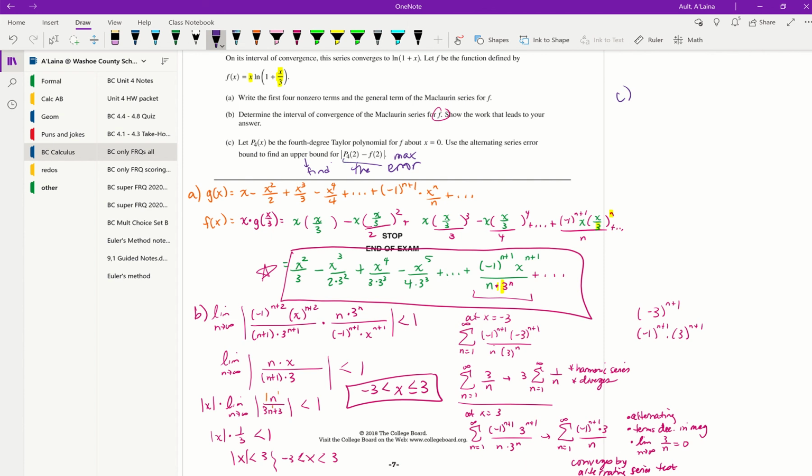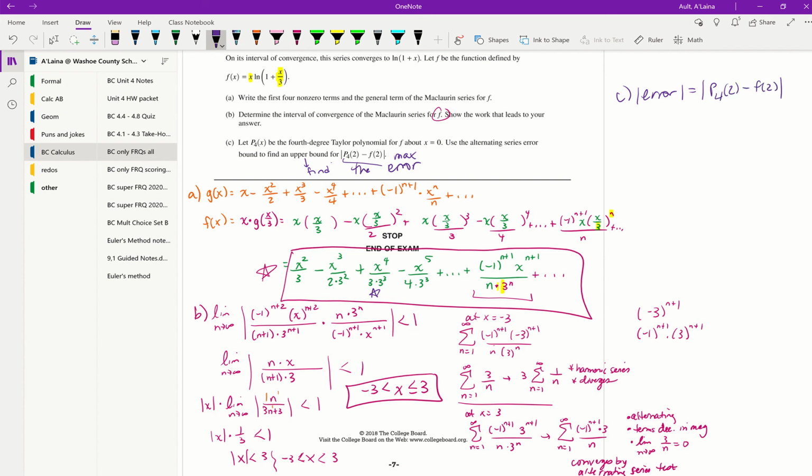This is the error. Okay, so if they want the 4th degree, that would be up to here. Okay, so the error is basically the absolute value of P sub 4 of 2 minus f of 2.